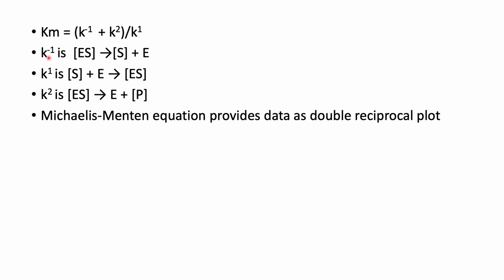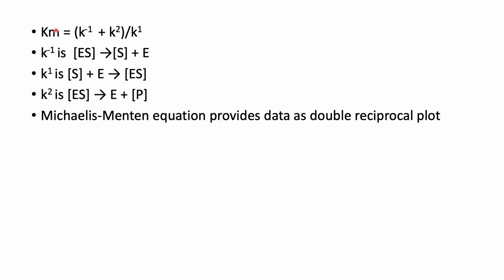K minus 1 references the reverse reaction, and K1 is the forward reaction. So K1 goes to the forward point, minus 1 to the negative point. And then you also have K2, which is the breakdown of the intermediate to the free enzyme plus the product.